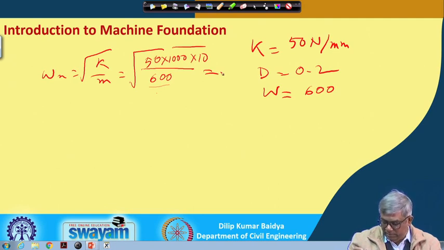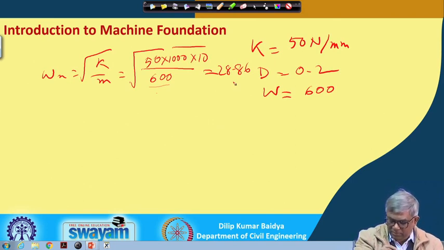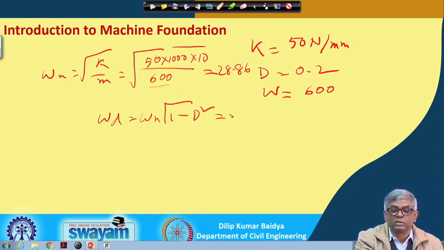It is actually 28.86. Now, your damped natural frequency omega d equals omega n under root 1 minus D square. So, D is 0.2, so 1 minus 0.2 square, and that too under root.